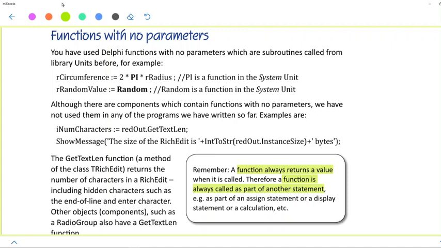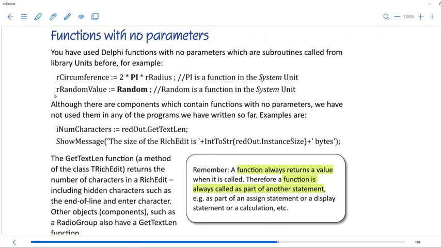So the examples that they give in the textbook are, for example, pi is a function that returns a very specific value, the value of pi, and that is of a real data type. Random would also produce a number of real data type. It's a number between 0 and 1.